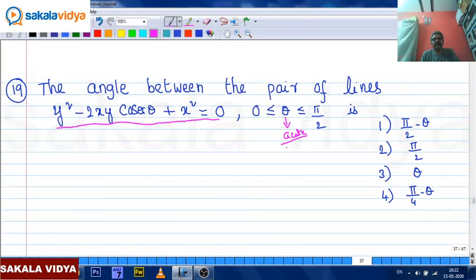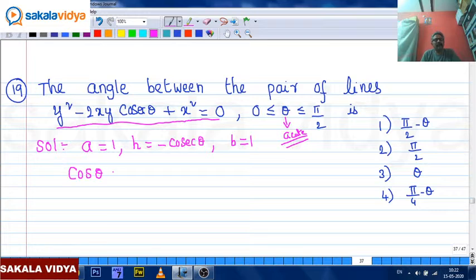So here a is 1, the x square coefficient, 2h means minus 2 cosec theta, so h is equal to minus cosec theta. B equals to 1. So write down the cos theta formula, no problem. Cos theta is equal to mod of a plus b by root of a minus b whole square plus 4h square.